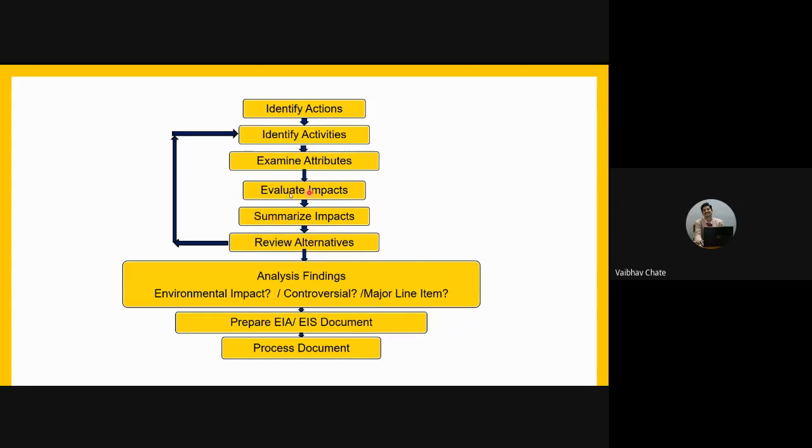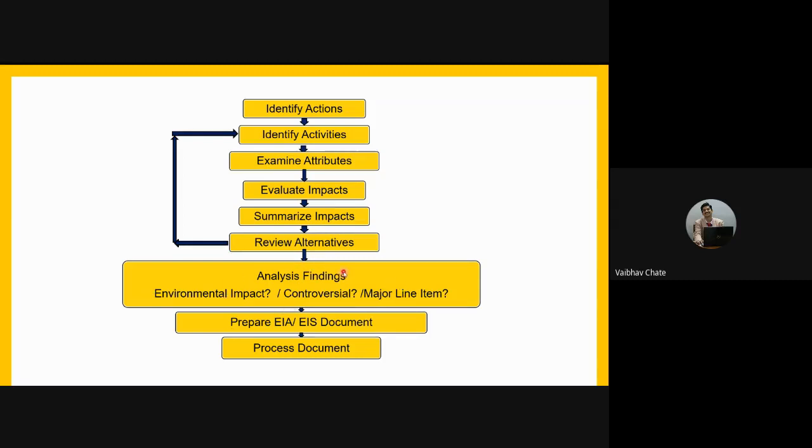That needs to be quantified by the proponent or the industrialist. We review the alternatives, and whichever alternative gives minimum impact will be considered for analysis findings.